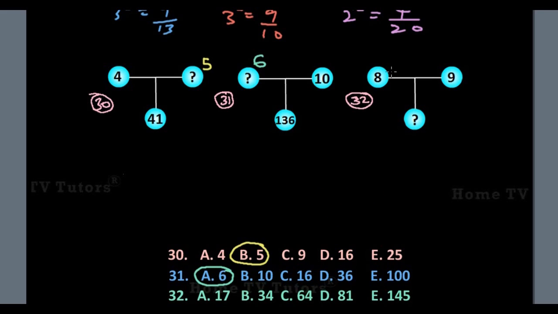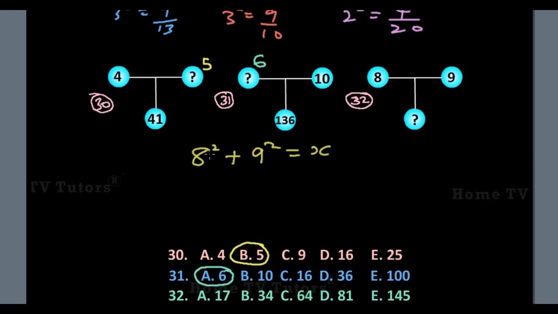Question 32. Remember the addition of the square of the two given numbers will give us the number at the bottom. Now the number at the bottom is unknown, so we represent that with x as we have been doing previously.